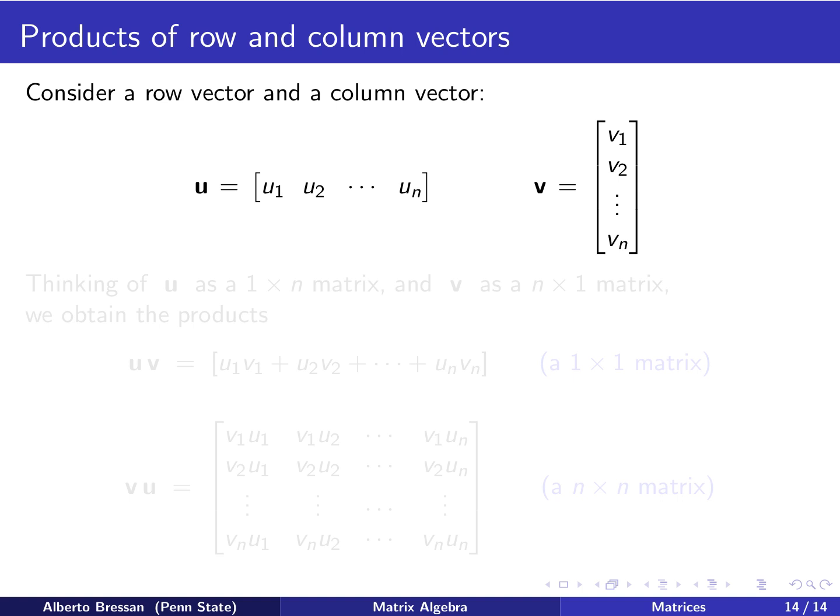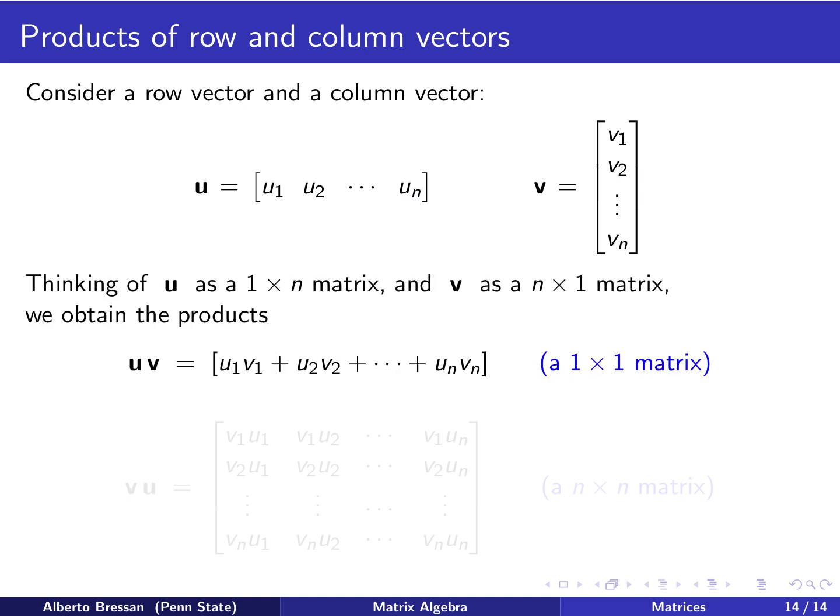Okay, so let's consider a row vector, we call it U, and a column vector, we call it V. They shall have the same length, N. Then we can think of U as a matrix of size 1 by N, and V is a matrix of size N by 1. Then I can define the product U times V. It's valid because the N here is the same as the N there.